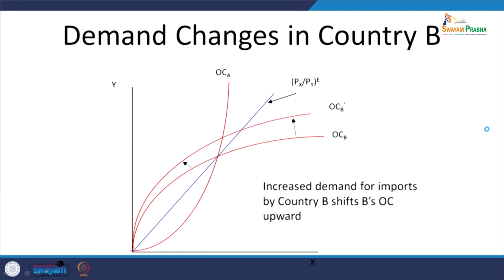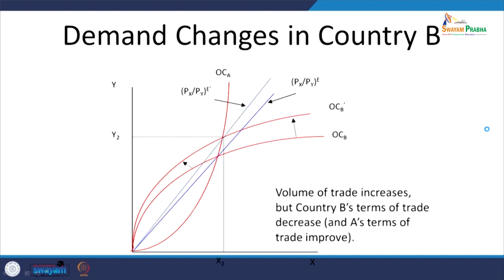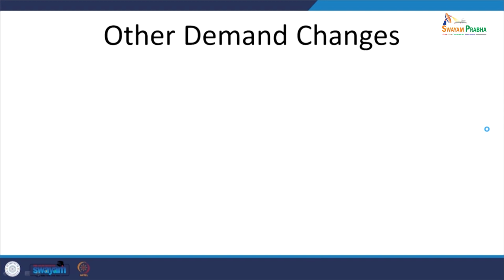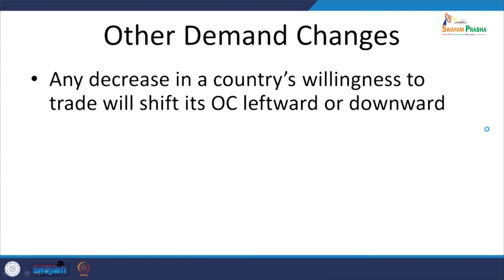For country B, increased demand for imports shifts country B's offer curve upward. Higher the import demand, the more the offer curve shifts up, and vice versa. Any decrease in a country's willingness to trade will shift the offer curve leftward or downward. Ultimately, they reach an equilibrium point.